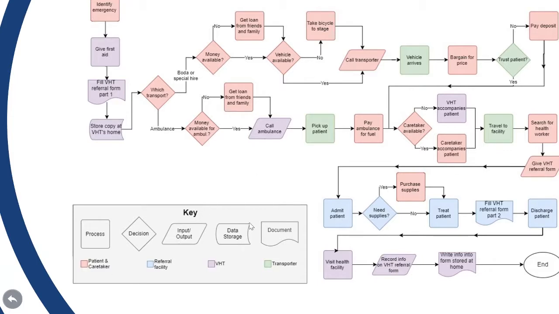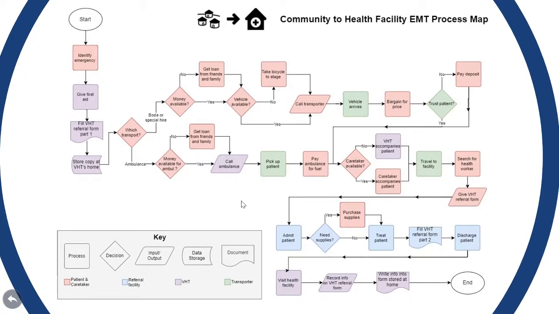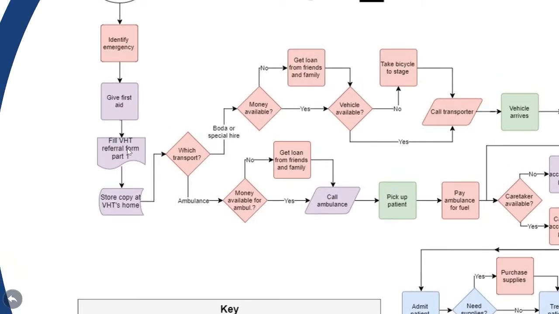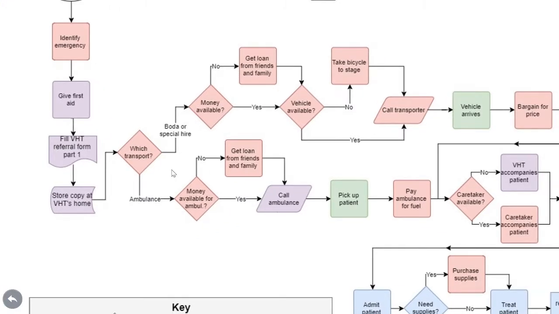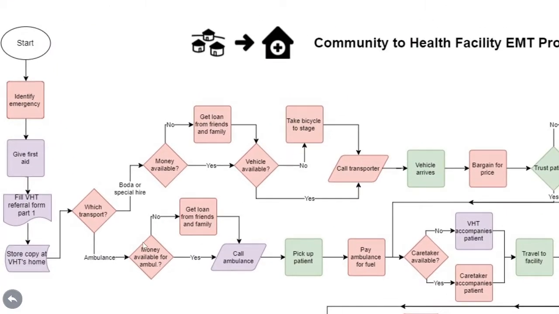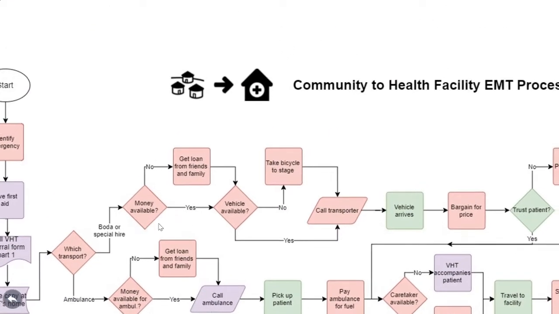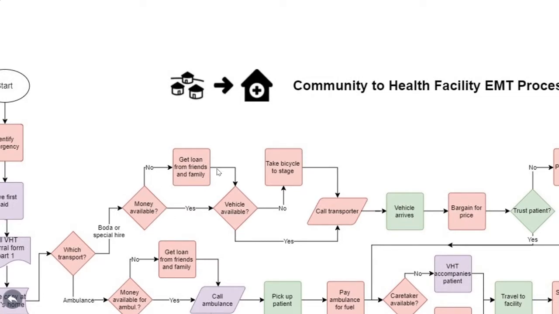So from that, we made composite maps. We analyzed those in the NVivo qualitative analysis software, and then created composite maps like this one, which we're going to review in more detail.